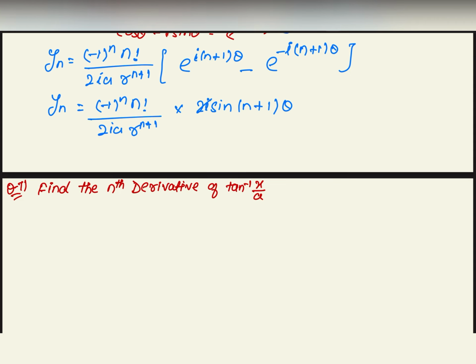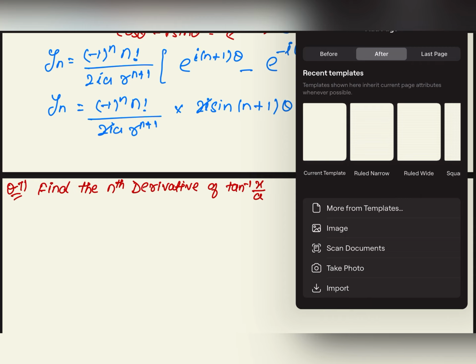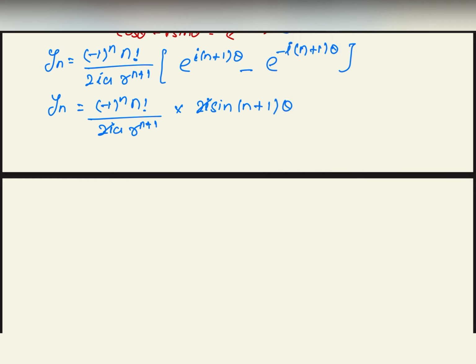So 2i get cancel, So yn is equals to minus 1 to the power n into n factorial divided by a r n plus 1 into sin n plus 1 थीटा.